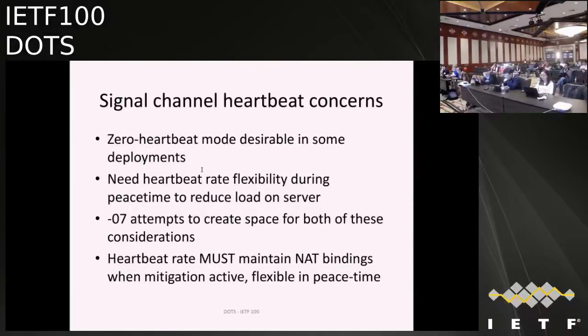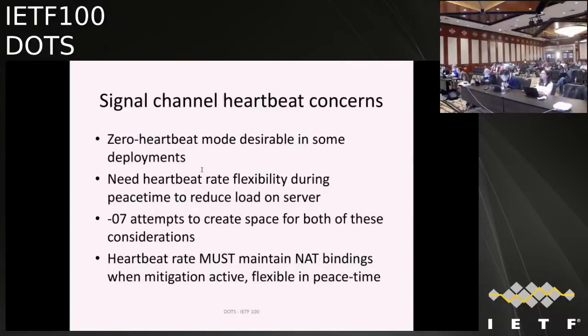But in subsequent discussion, we also uncovered the need to have some heartbeat rate flexibility, especially during peacetime. There were concerns raised about the potential load that clients could impose on a server by overwhelming it with heartbeats, especially when we're talking about a heartbeat rate at or below 30 seconds. So this revision of the draft attempts to create space for both of those considerations.